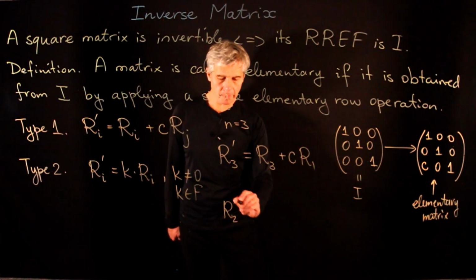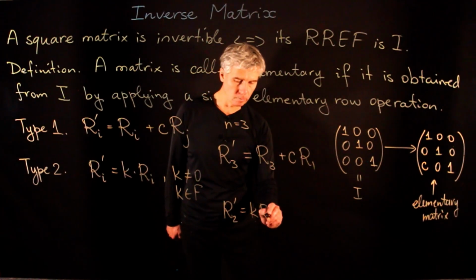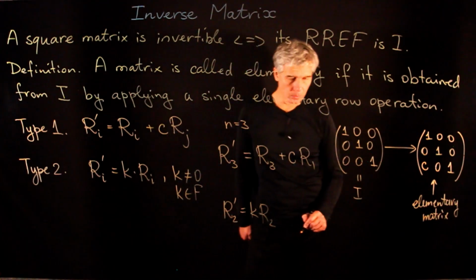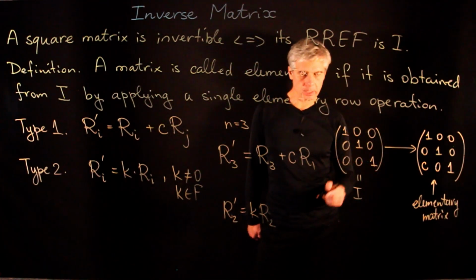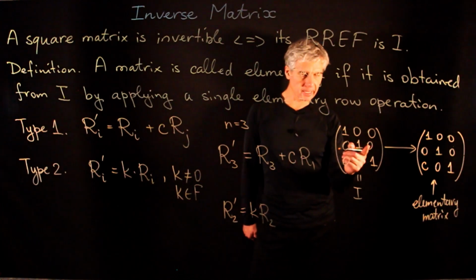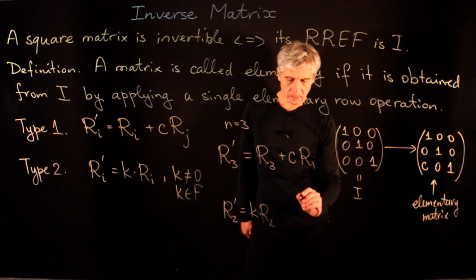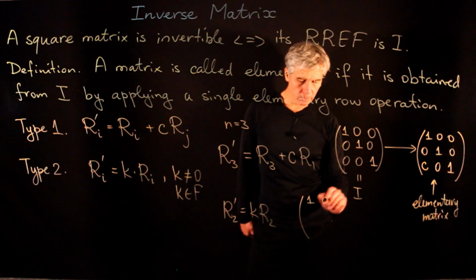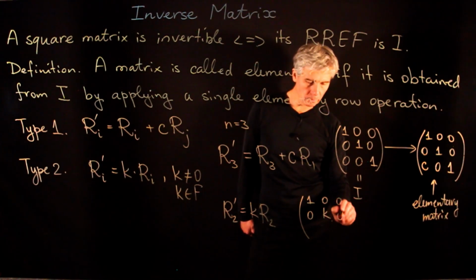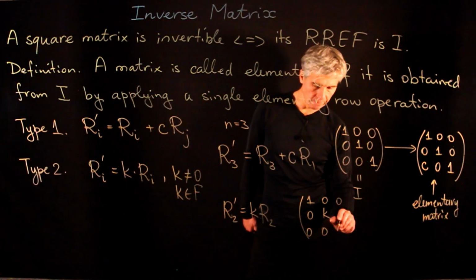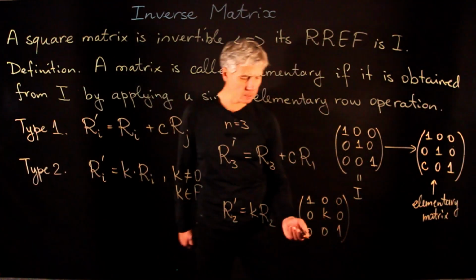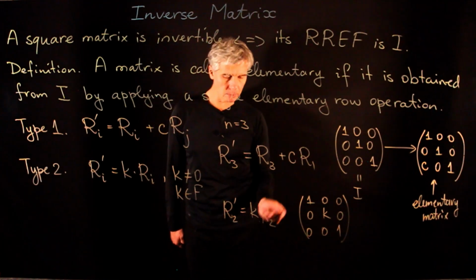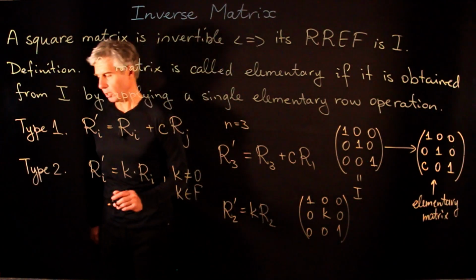Row 2 prime is k times row 2. If we take this identity matrix and multiply its second row by k, then we get the following elementary matrix. So 1, 0, 0, 0, k, 0, and 0, 0, 1. This is an elementary matrix that corresponds to this elementary row operation.